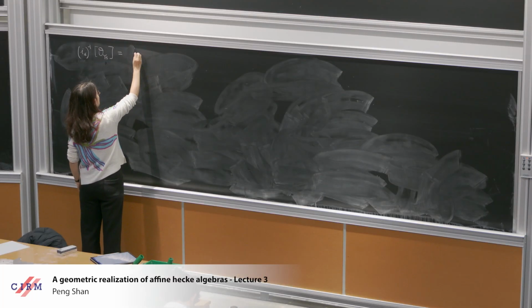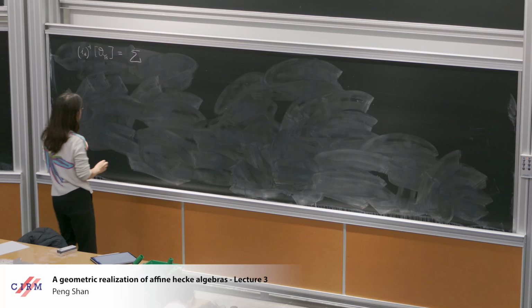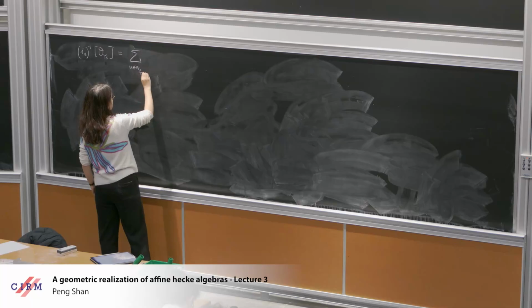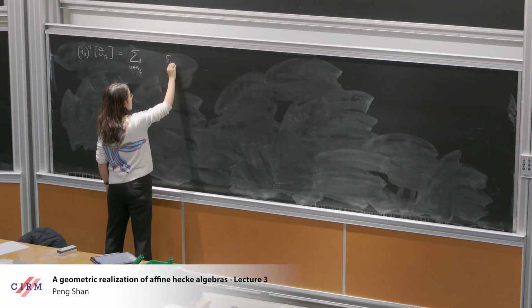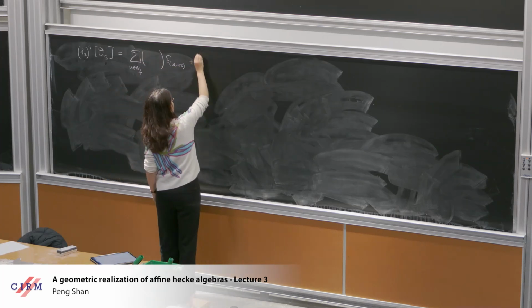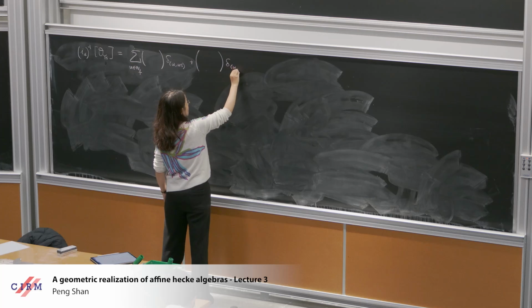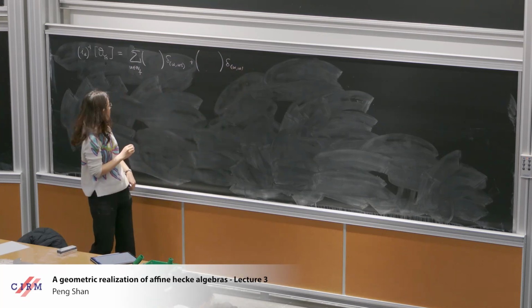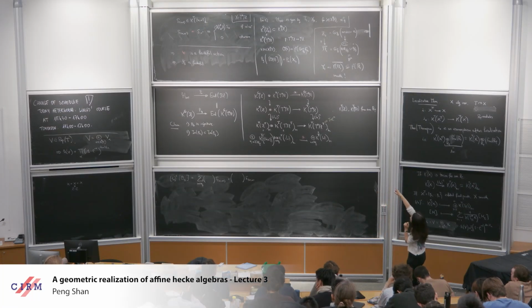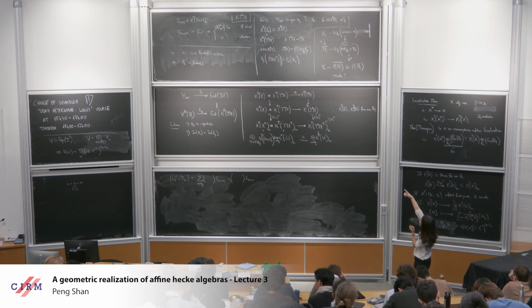So this should be equal to the sum over W in the Weyl group of some coefficient times delta of W, W S, plus some coefficient times delta W, W. Because if you read over there, in the definition of YS, in the first copy of G, you have fixed points which are indexed by the Weyl group, and then in the second you have either S or identity.